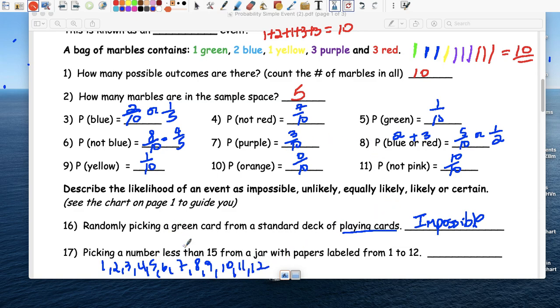So it says here you want a number less than 15. Well, less than 15 will be all these numbers, right? If you pick a 12 it is less, if you pick 11 it is less than 15, if you pick a 10 it is less than 15. So all these numbers are less than 15. So you have a 12 out of 12 chance. And the word we want to use is certain.